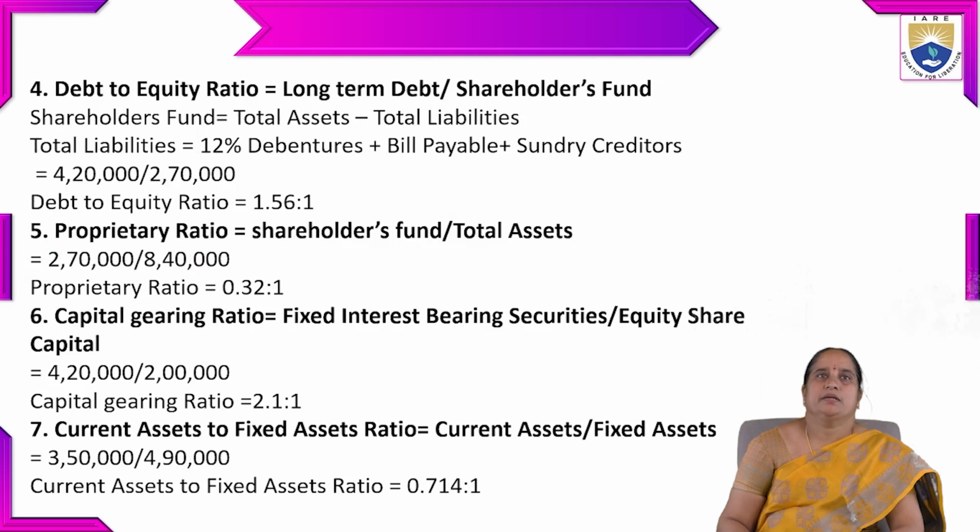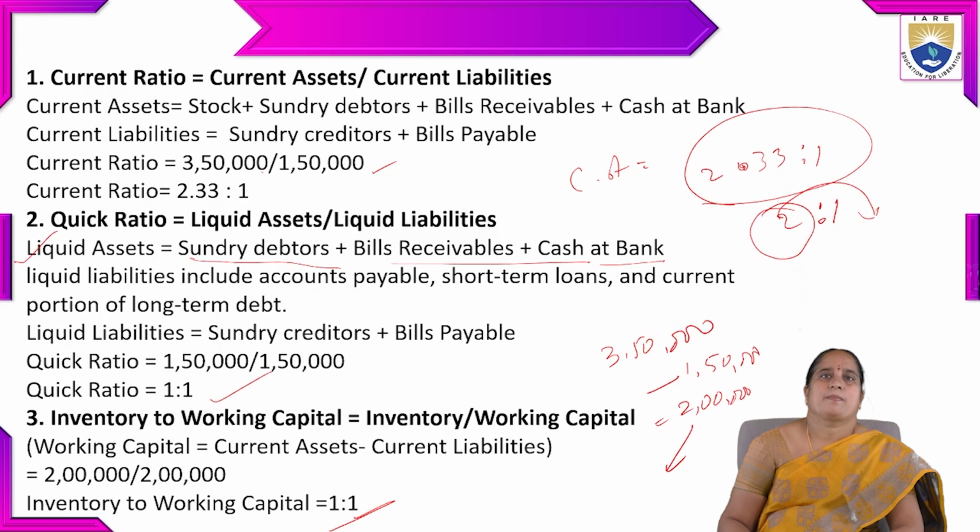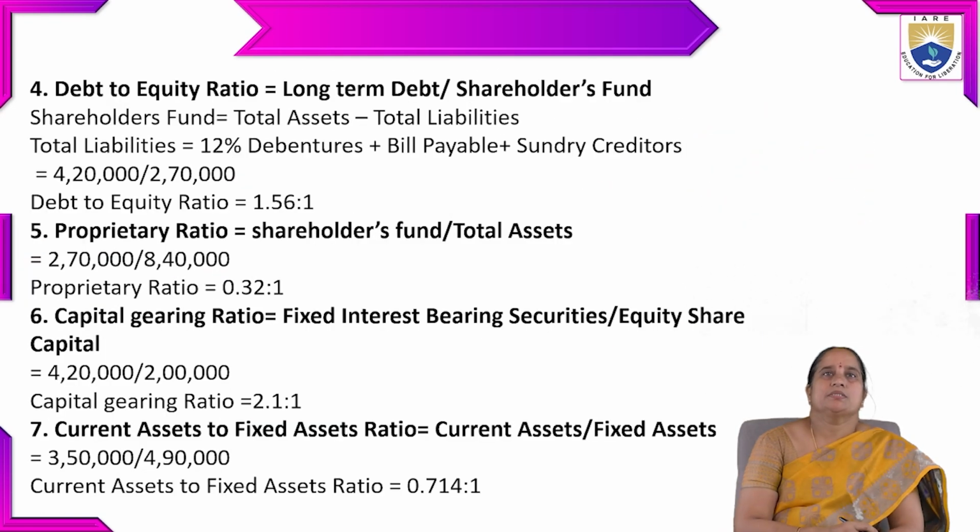Using that data, total assets minus total liabilities. Liabilities are 12% debentures, plus bills payable, plus sundry creditors. So 4,20,000 divided by 2,70,000. So debt to equity ratio is 1.56 is to 1.